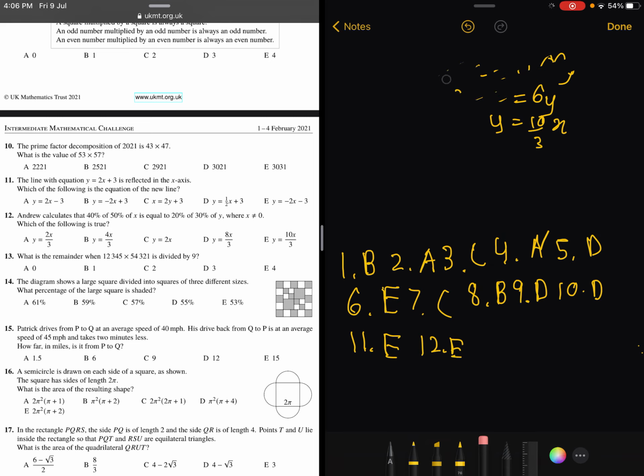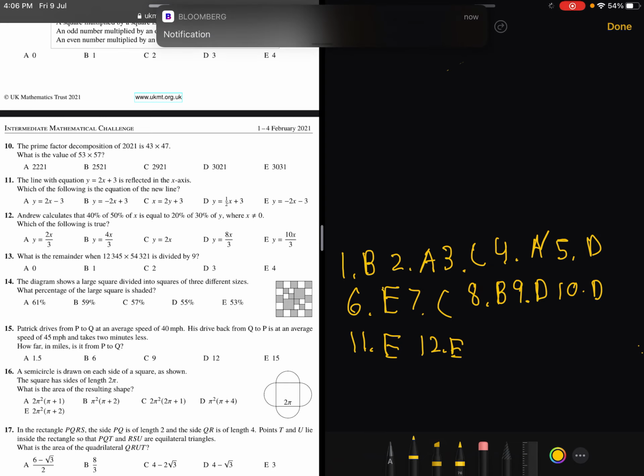Question number 13. Actually, you don't even need to do it. If you look at question 13, 1, 2, 3, 4, 5 has a factor of 3 because when you sum its digits, it's 15, and 15 is divisible by 3.